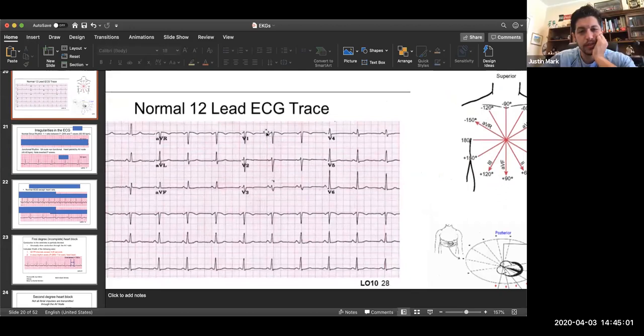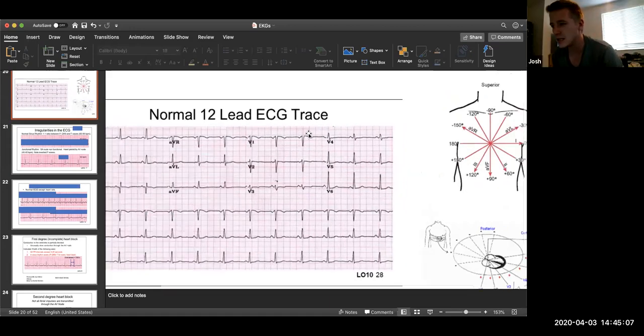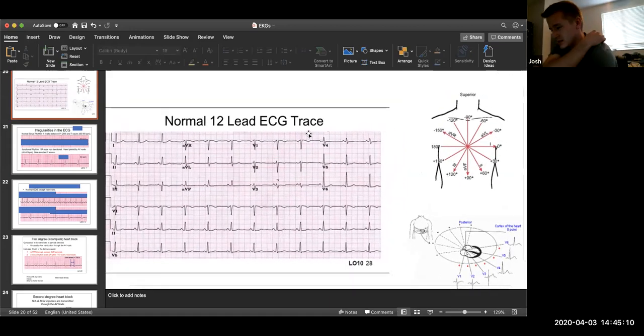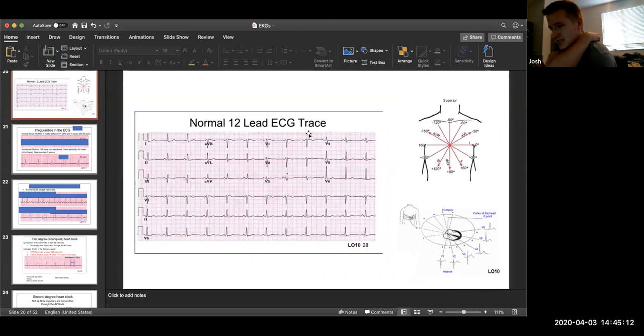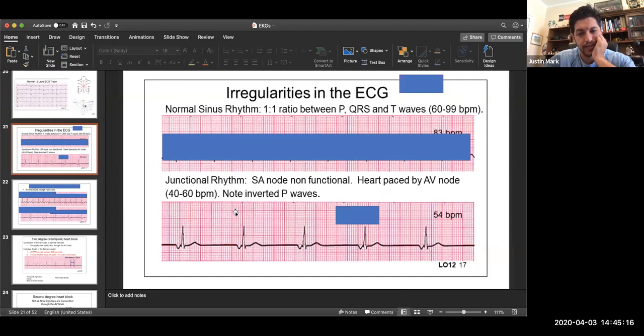Here, the P waves are negative. Maybe I'm wrong, but I think it might suffice to say that they should be in the same direction at all times. Don't hold me to that.